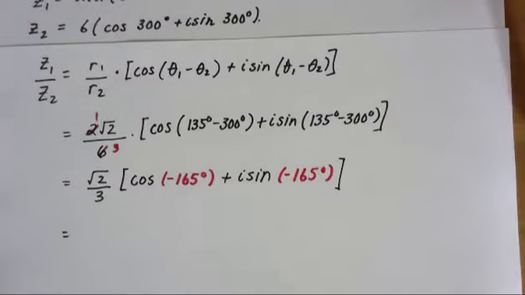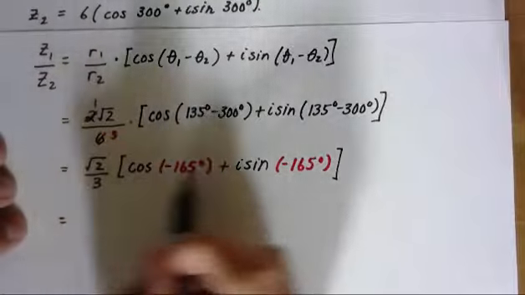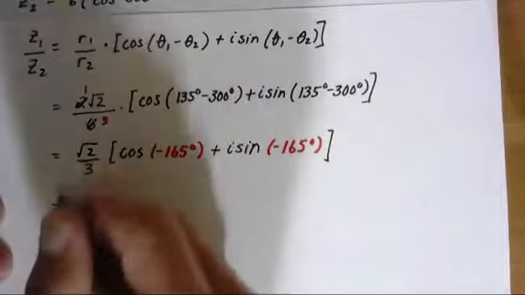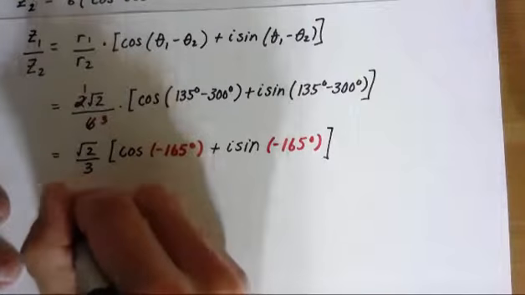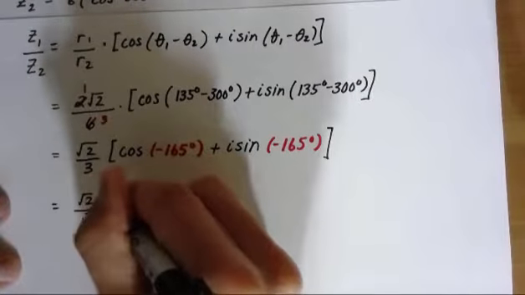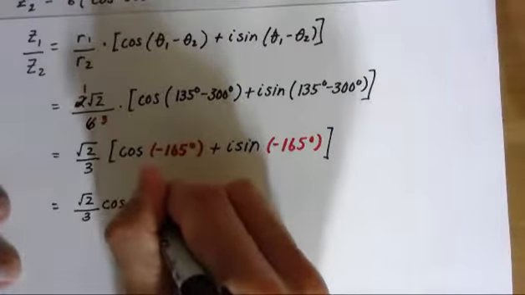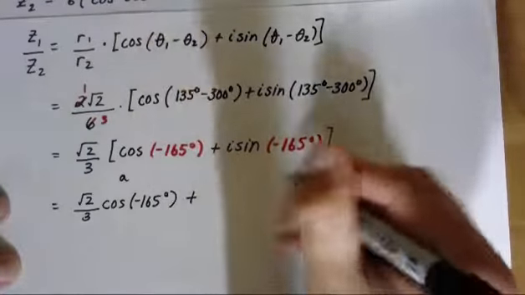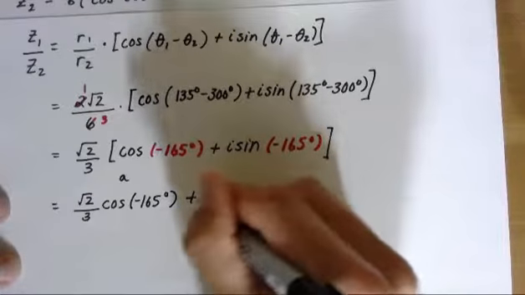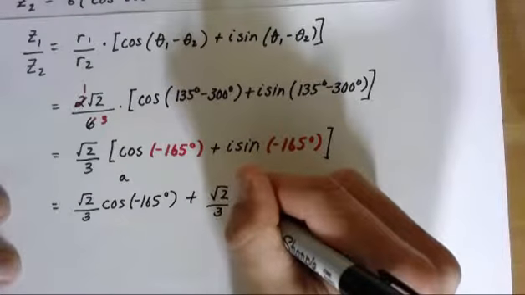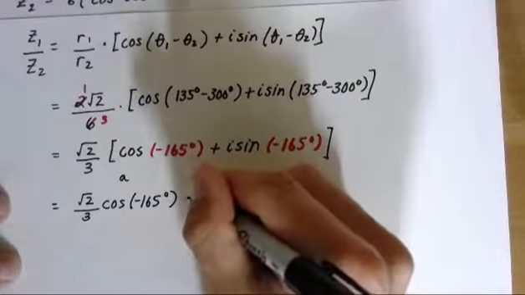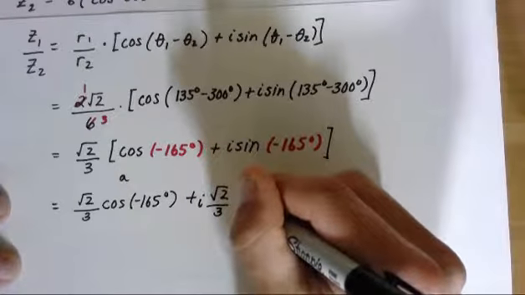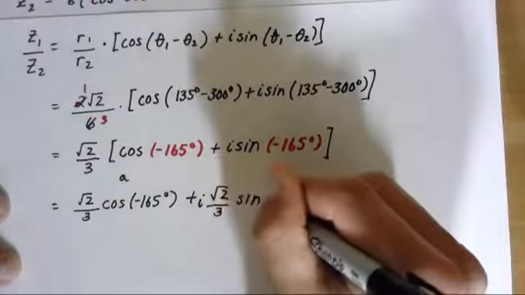So we can distribute the root 2 over 3 to each term, and basically you're going to have root 2 over 3 times cosine of negative 165. This is going to be your a value, plus you're going to have i times root 2 over 3 times sine of negative 165.